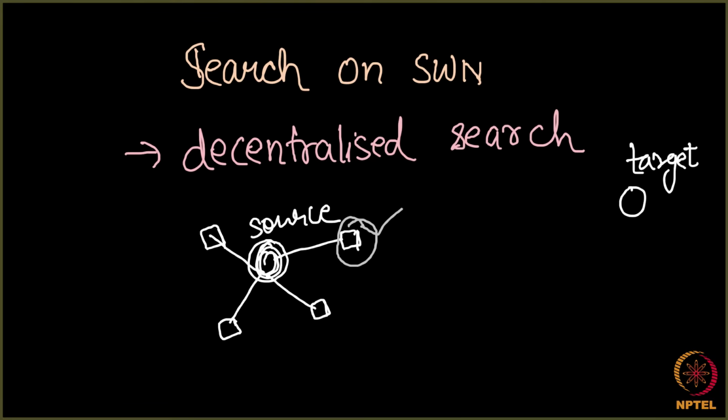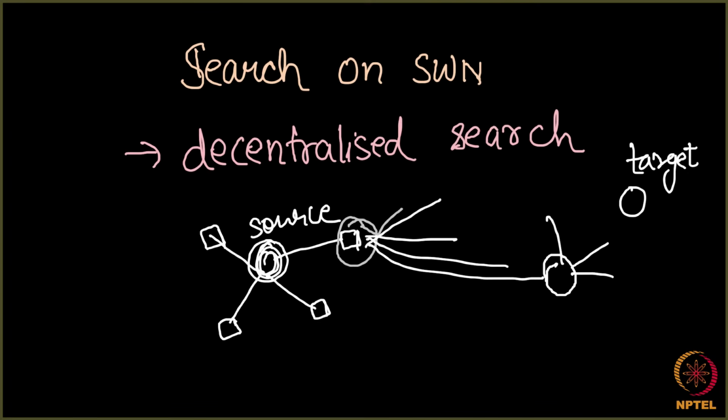So it chooses this neighbor, and this neighbor again looks at all of its neighbors and then chooses the one which is closest to the target. And then this one looks at all of its neighbors and chooses the one which is closest to the target, and hence the letter, in this process, reaches the target.